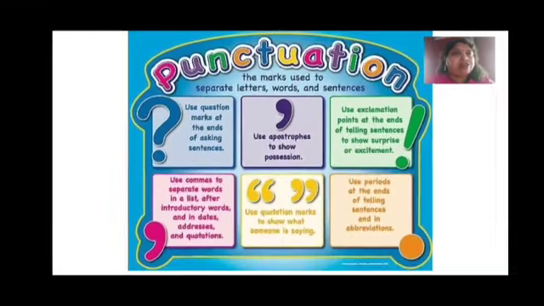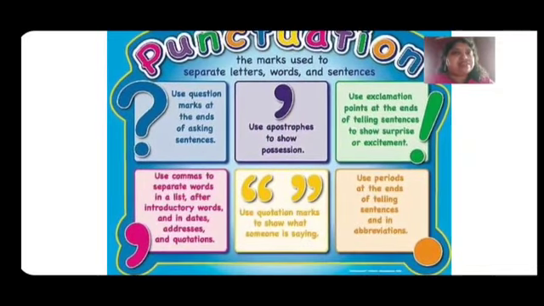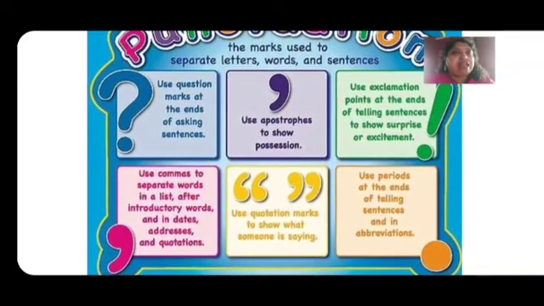Now punctuation. The marks used to separate letters, words and sentences. The question mark goes at the end of asking sentences. Use apostrophes to show possession. Use exclamation points at the end of telling sentences to show surprise or excitement.